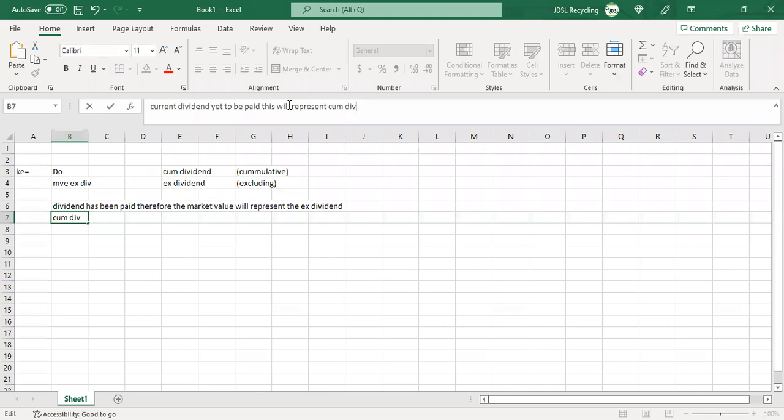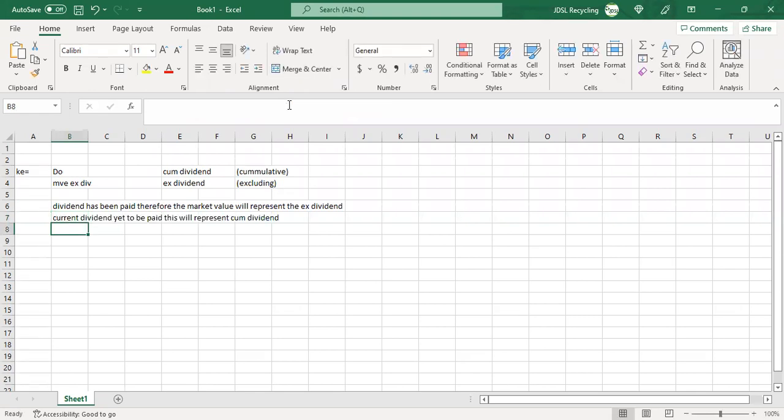And once it is a cum dividend, what we need to do to return it back to ex dividend is by deducting the current dividend from the market value for us to make it market value ex dividend. I hope that is clear now.